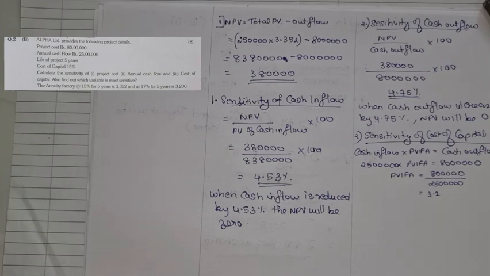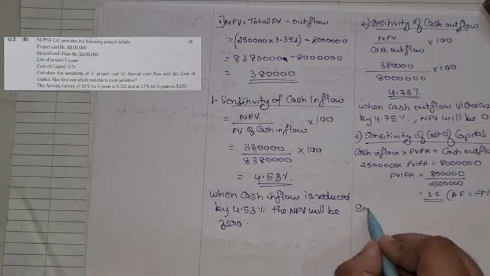Now if you look carefully, in your question the 3.2 factor has been given: the annuity factor at the rate of 17% for 5 years is 3.2. So if I got the value of 3.2, I can say that the rate is 17%.